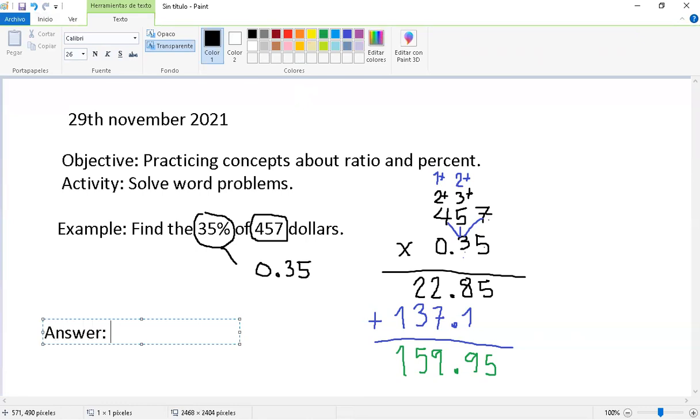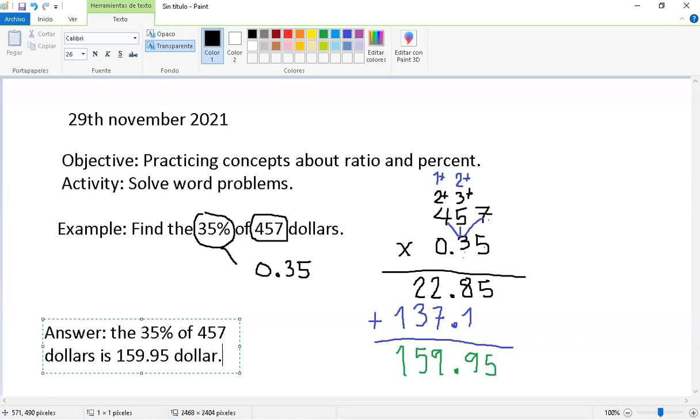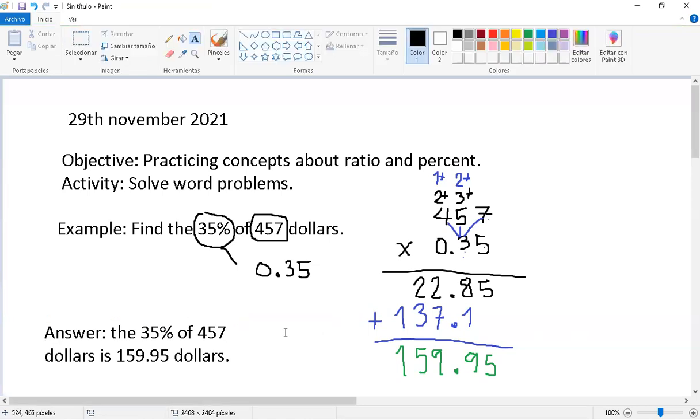In this case, the answer is the 35% of $457 is $159.95. So this is the way we are going to write, in this case, an answer in words.